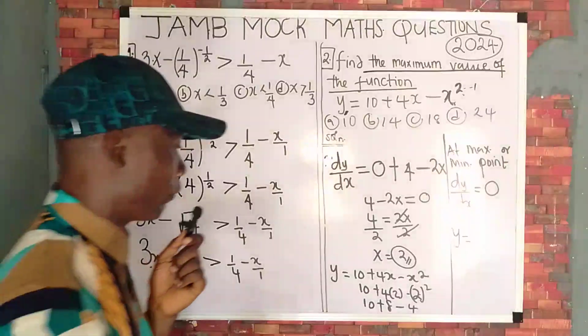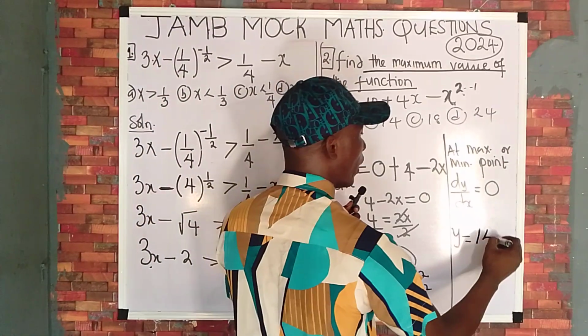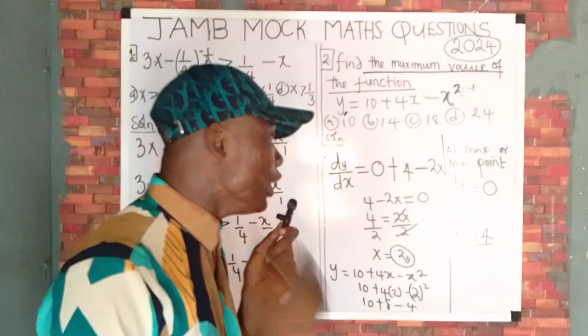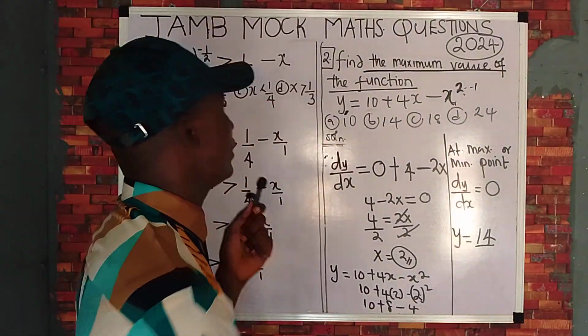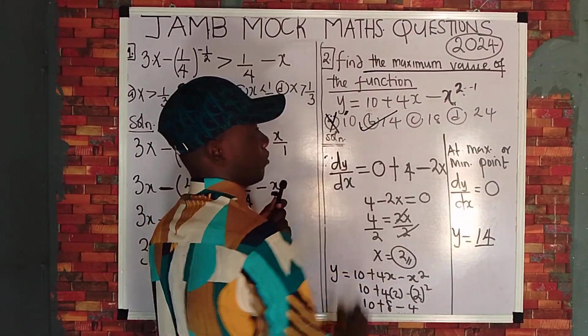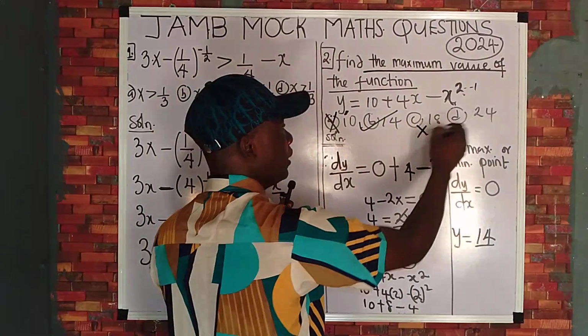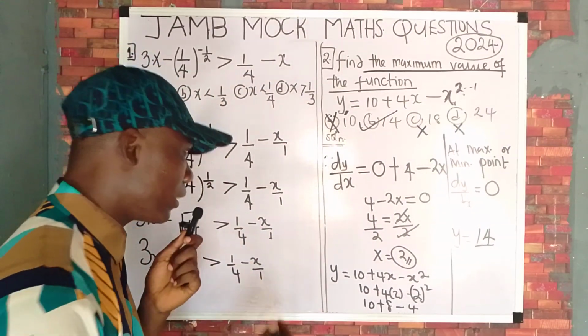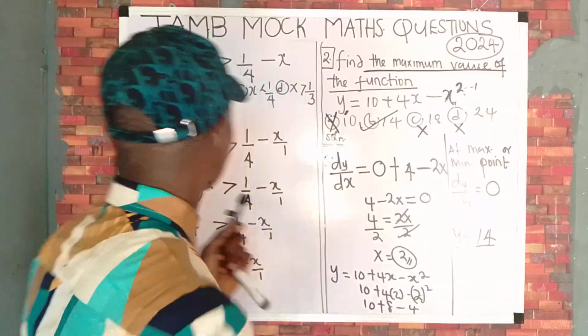And 18 minus 4 is going to give us what? 14. So the maximum value of the function is 14. So is the answer A? No. Is the answer B? Yes. Okay, the answer is not C, the answer is not D, but the answer is B. Let's take other questions, class.